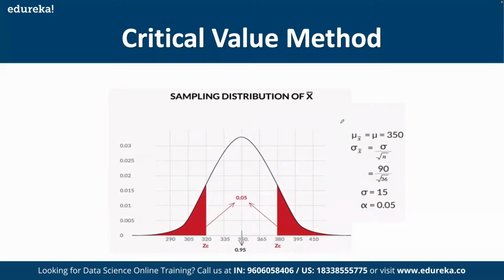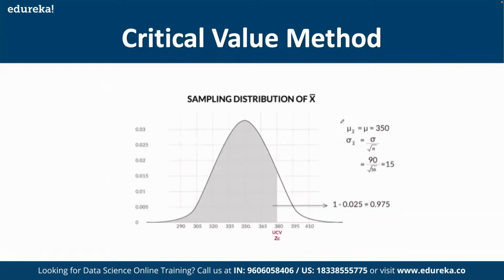In this scenario, we've got a mean, and I'm going to calculate the standard error, which is given by sigma divided by the square root of n, where n is the number of rows that I've got. And from there, we are going to calculate the values. This describes the sampling distribution of X bar.